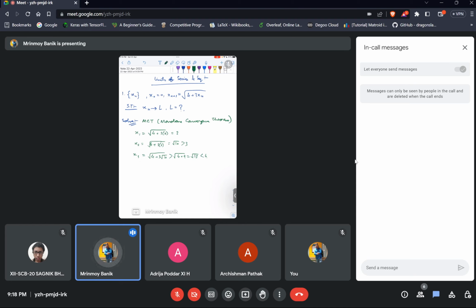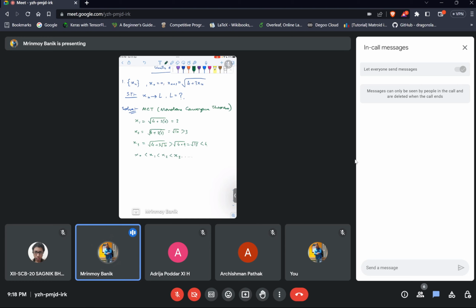But it's certainly greater than root 10, right? So you can see this kind of increasing pattern. x0 was smaller than x1, which in turn was smaller than x2, which in turn was smaller than x3. So from that we can infer that the sequence might be strictly increasing.